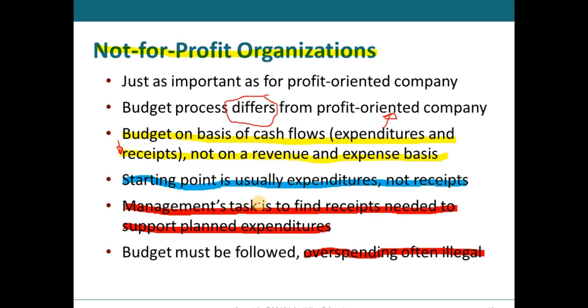Here is the crucial task for management: to find cash inflow, to find grants, to find receipts needed to support planned expenditures. The budget must be followed. Overspending is often illegal.